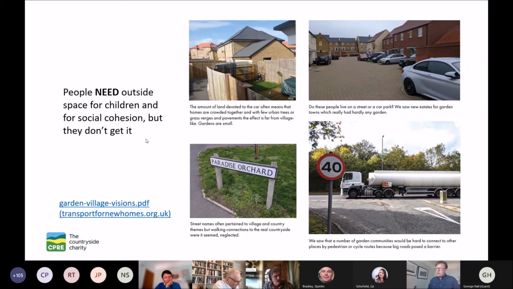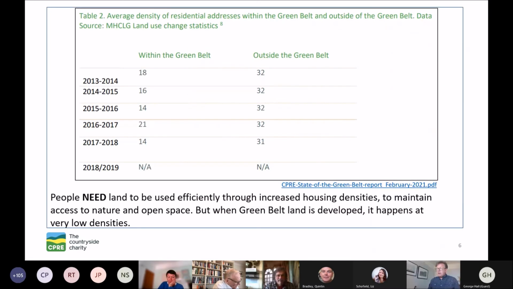And we are building very bad places generally. Some commentators argue that the Greenbelt and more widely the policy constraints on greenfield land development are directly limiting society's ability to meet these social needs.